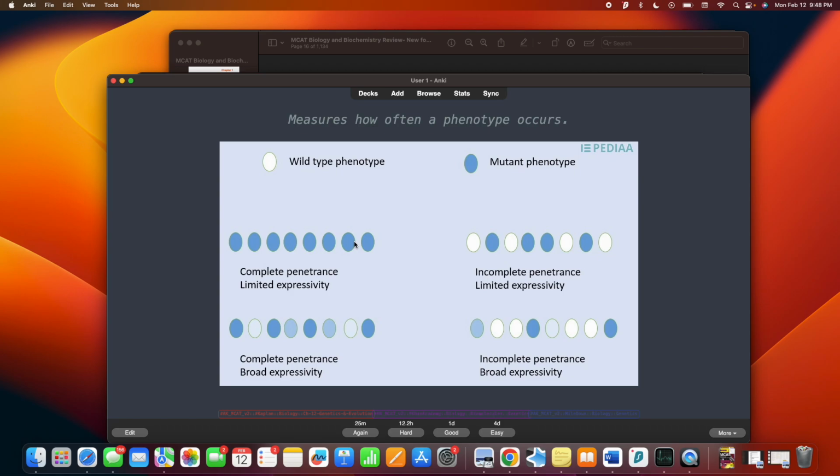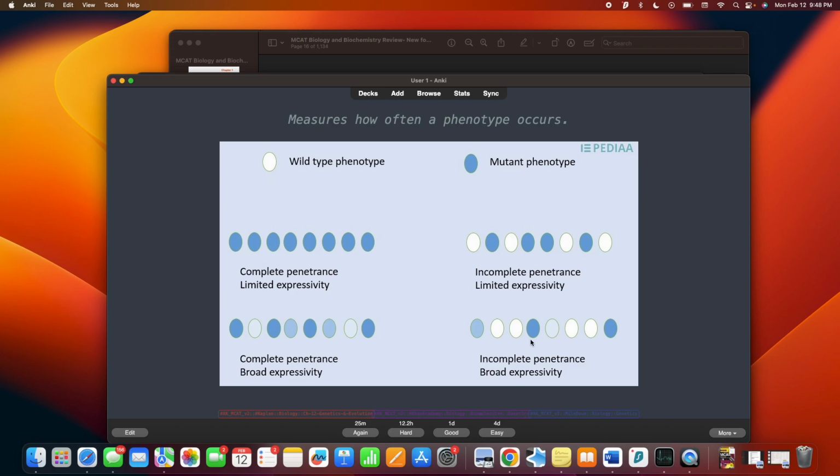So complete penetrance with broad expressivity, you have degrees. Incomplete penetrance with limited expressivity is either white or purple. So complete penetrance is more like complete dominance, and incomplete penetrance is the degrees with broad expressivity, right?